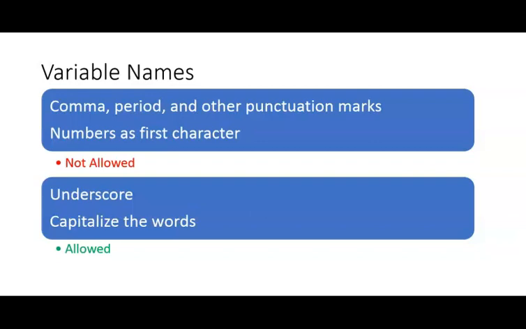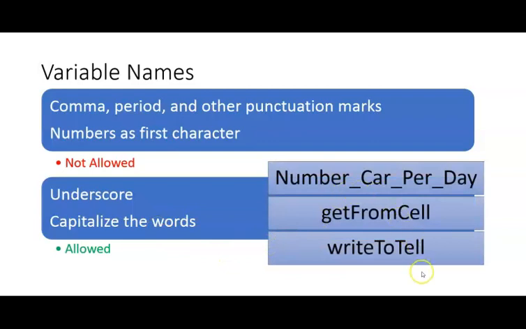Variable names, like subroutine names, cannot include commas, periods, and other punctuation marks other than underscore. They can include numbers, but cannot start with a number. A common way to name a variable in VBA is to capitalize the words. These are three examples for naming a variable in VBA, using an underscore between the words or capitalizing the words.